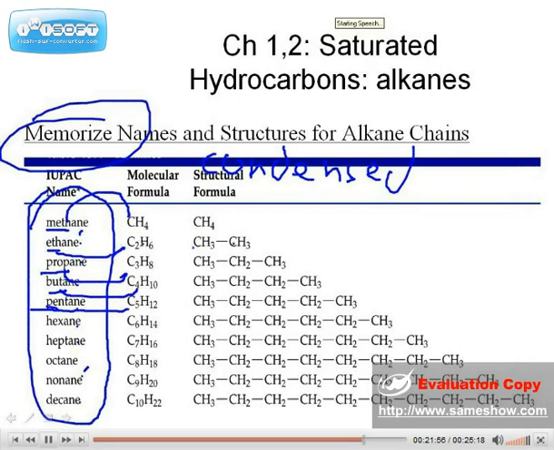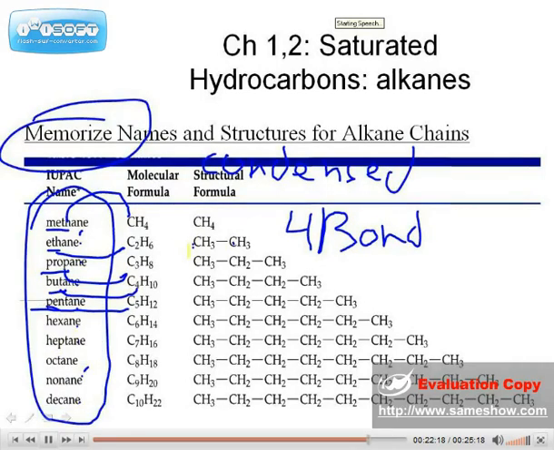In this case, ethane is 2 carbons, and then remember the 4-bond rule. If it's not attached to a carbon, then it has to be attached to a hydrogen.